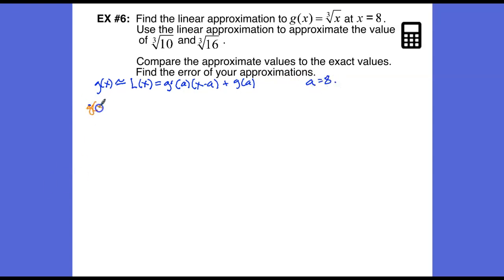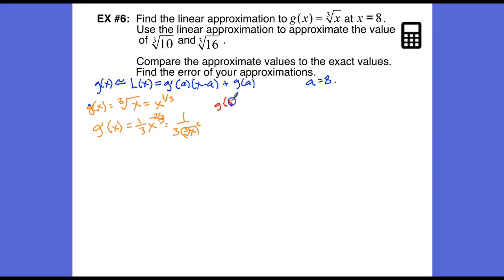So of course g of x is the cube root of x, which is the same as x to the 1/3 power. And I write it like that so that I can differentiate this easily using the power rule. It becomes 1/3 power times base down 1, x to the negative 2/3, and that's going to be equal to 1/3 times the cube root of x quantity squared.